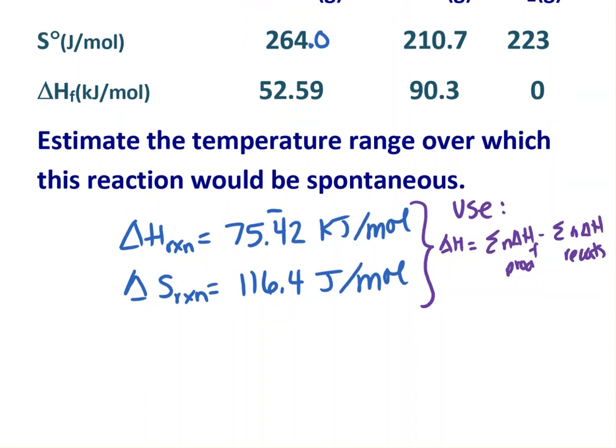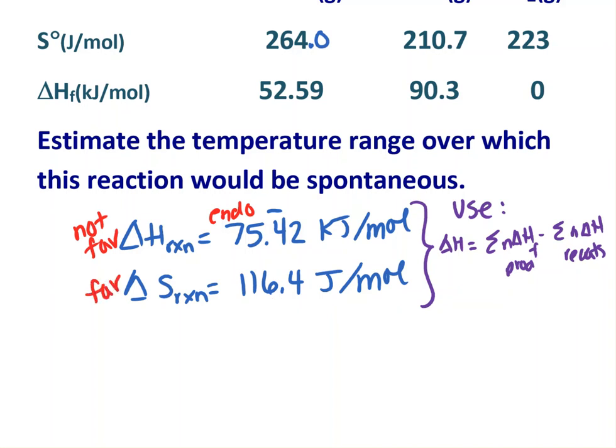Let's just note what's favorable or not. This number, is this endothermic or exothermic? Well, this is positive, so this is endothermic, and this is not favorable as far as spontaneity goes. But it has an increase in entropy, so that is favorable.